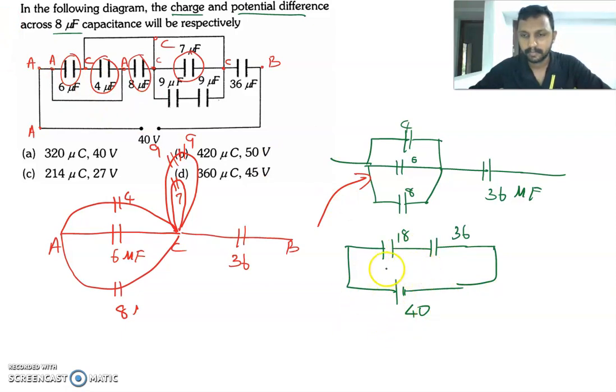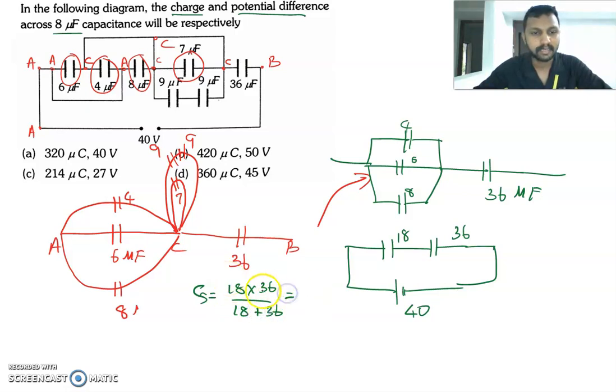If these two are in series, the effective capacitance will be Cs equal to C1 C2 divided by C1 plus C2, that is 18 into 36 divided by 18 plus 36, and if you solve this, we will get 12 farad. The equivalent capacitance is 12 farad.